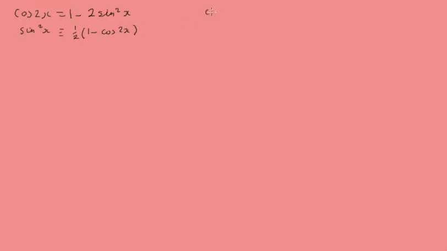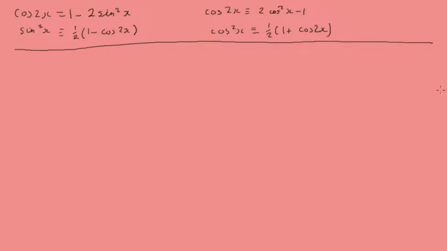And we know that cos 2x is also equivalent to 2 cos squared x minus 1. And rearranging that, we get cos squared x is equivalent to a half (1 plus cos 2x). So we're just going to leave these here whilst we work.